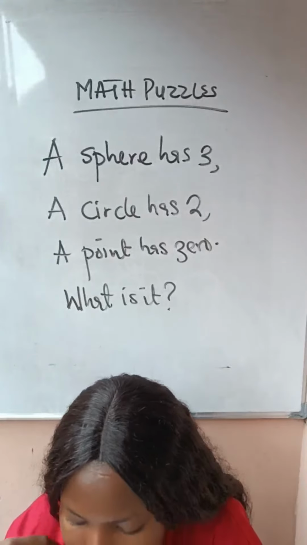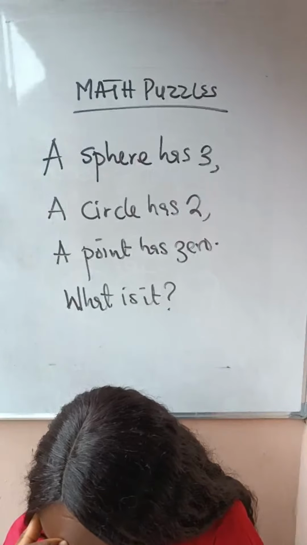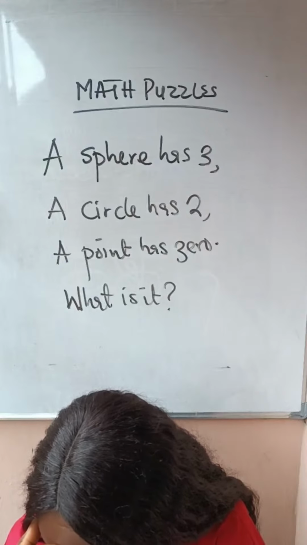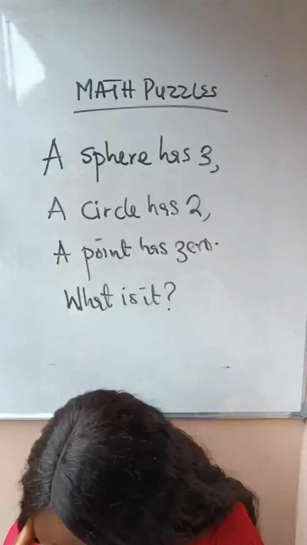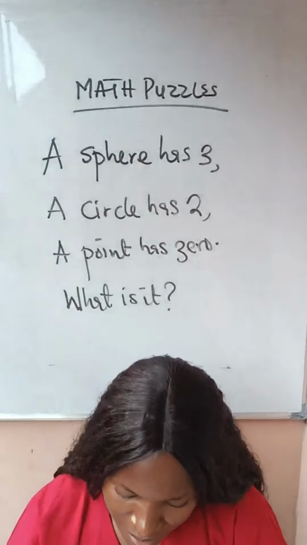So let's go. A sphere has 3. A circle has 2. A point has 0. What is it? So Jenny Lopez is saying dimensions. That's easy. Okay. Dimensions.